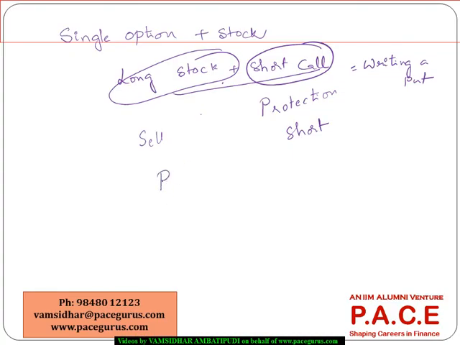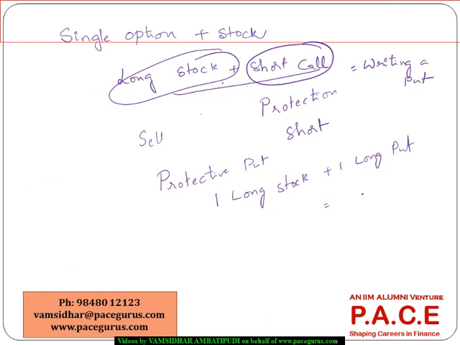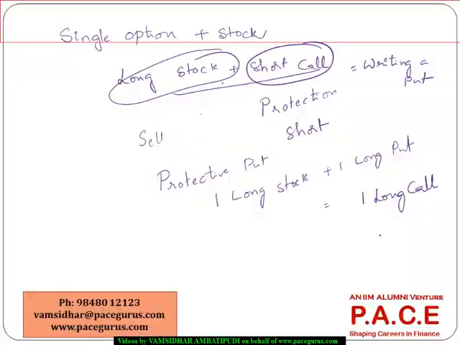So a protective put for me is like one long stock plus one long put. This is looking like one long call itself. This is the shape associated with a call option.